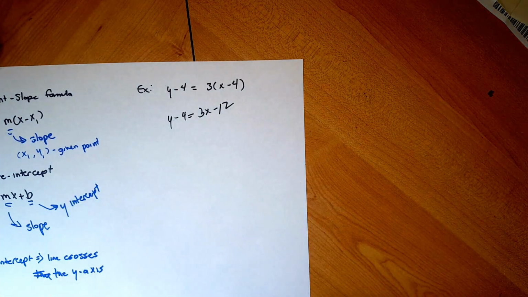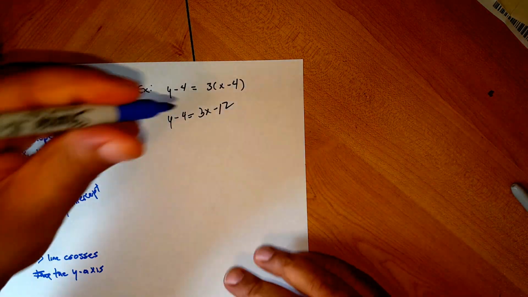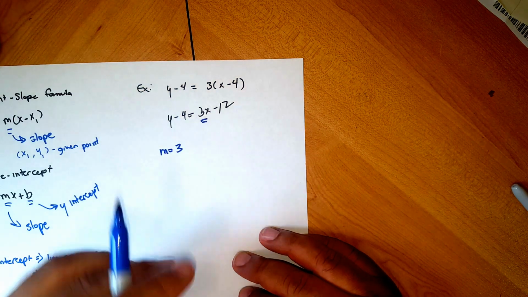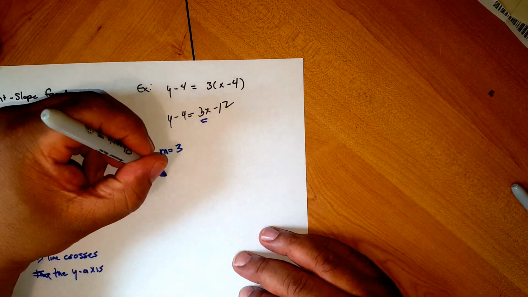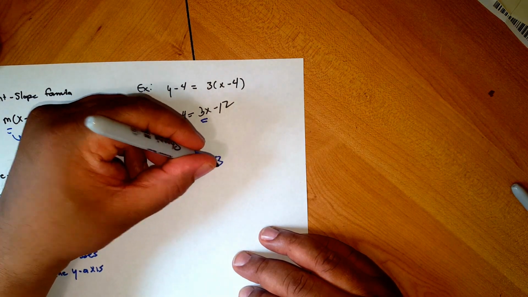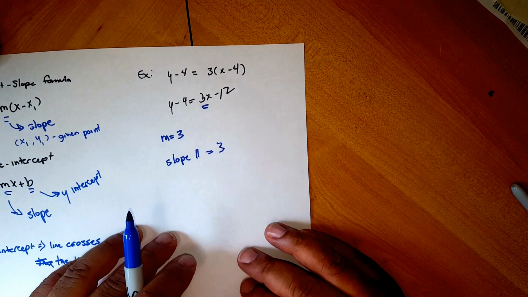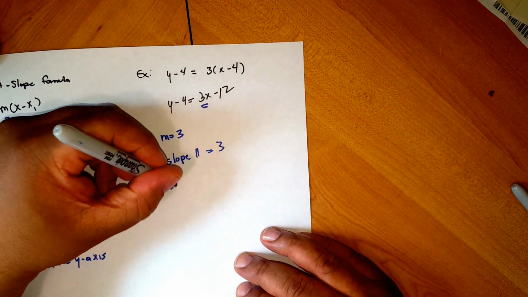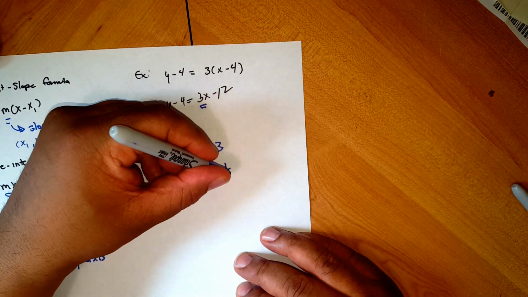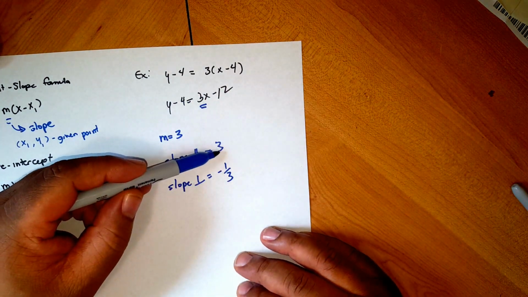And what we see is that our slope is 3. So what that means is the slope of a parallel line is going to equal 3. The slope of a line that's perpendicular is -1/3. Again, turn this upside down and make it opposite.